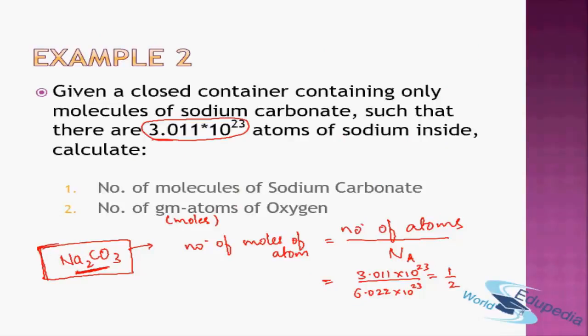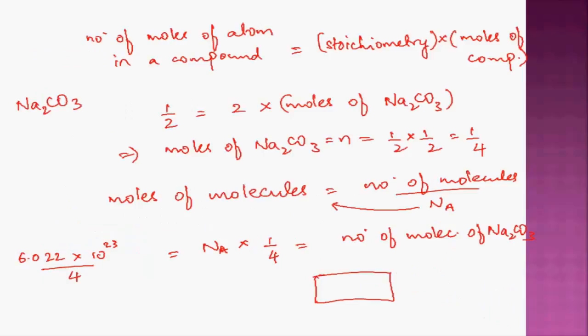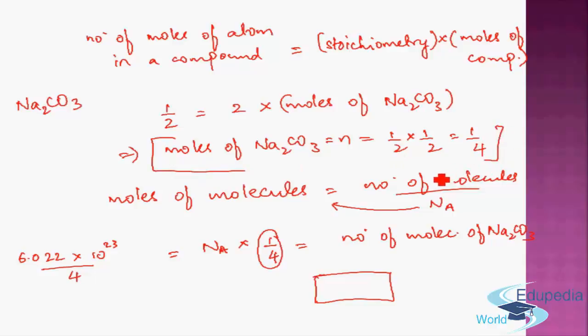So the next part of the question that we have to calculate is the number of gram atoms of oxygen. That is, we have to calculate number of moles of oxygen atoms. So how can I do that? I already know that moles of sodium carbonate present with me is 1 by 4. We have already calculated that over here.